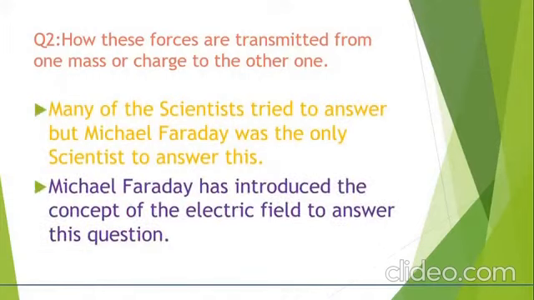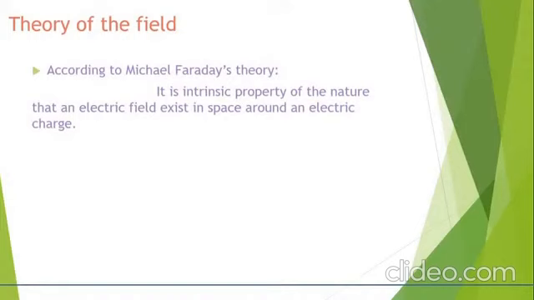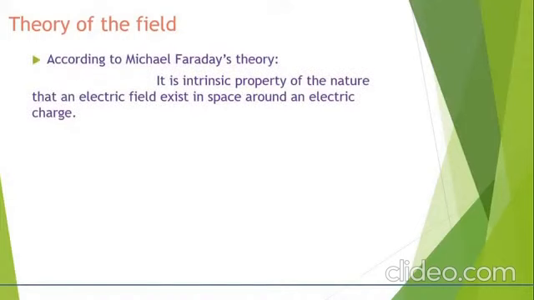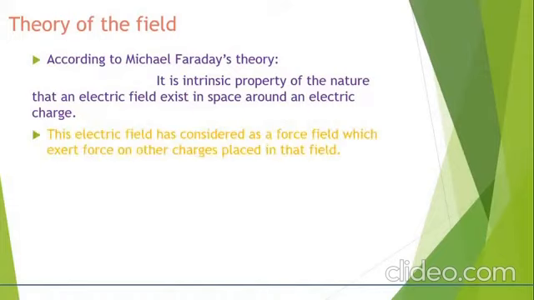Michael Faraday introduced the concept of the electric field to answer this question. According to the theory of Michael Faraday, it is an intrinsic property of nature that an electric field exists in the space around an electric charge. And this electric field is considered to be a force field that exerts a force on the other charges placed in that field.